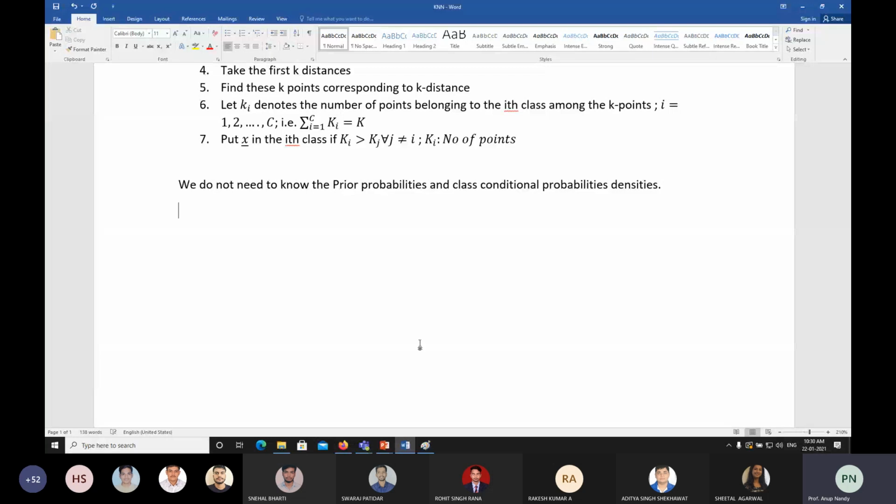And this rule is obtained from the density estimation rule.